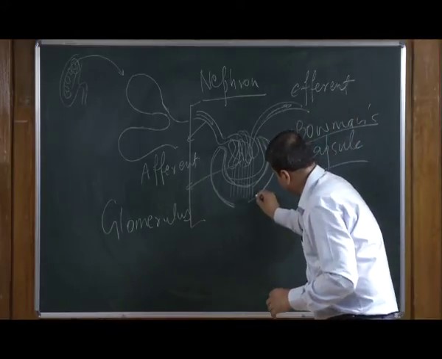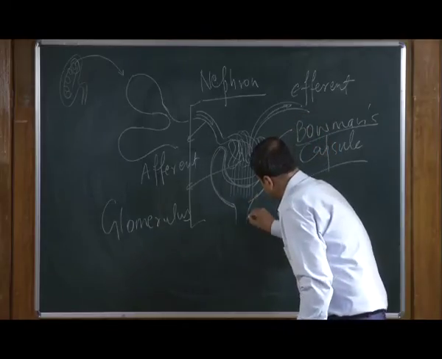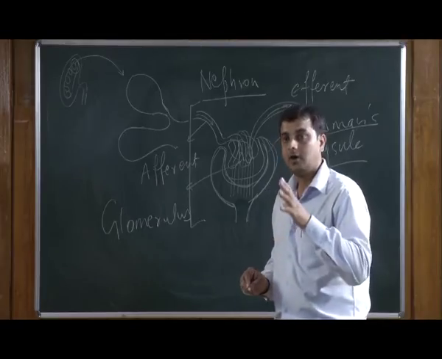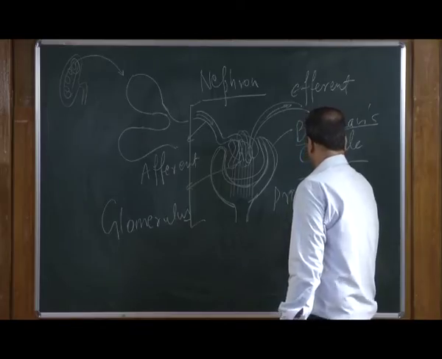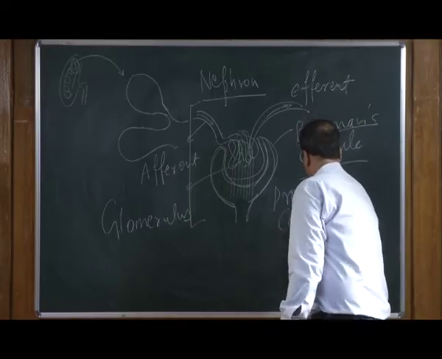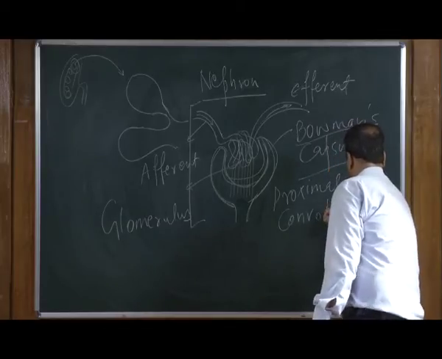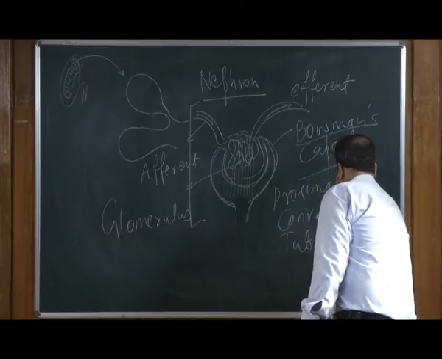Now this whole filtrate is collected in another specialized duct called the proximal convoluted tubule.